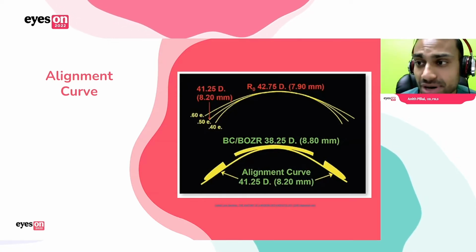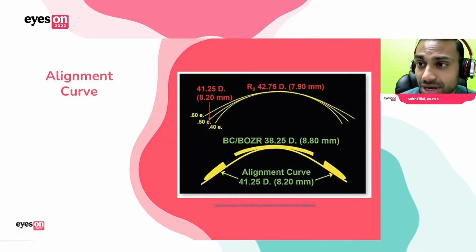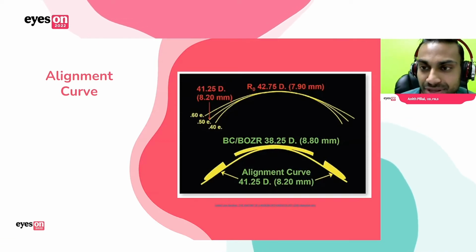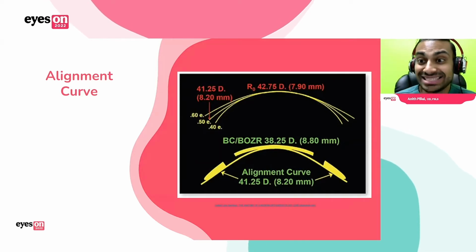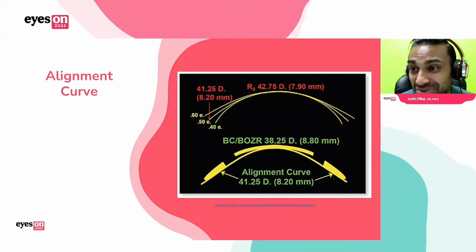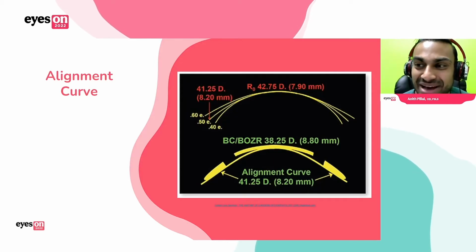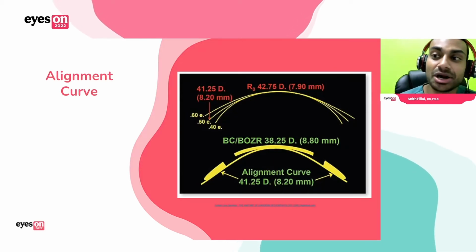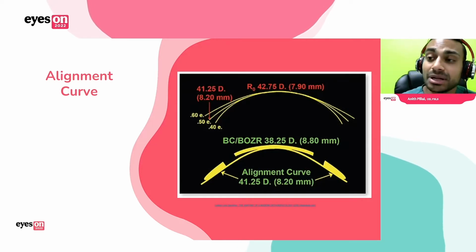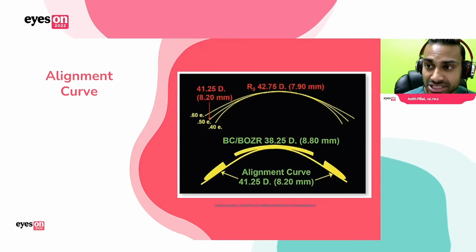So a 0.4 eccentricity, which is a lower number, is actually going to be steeper in that mid-peripheral cornea. And the reason for that is a steeper mid-periphery is flattening at a lower rate. So it's actually depicting the amount of flattening. That's why a larger number like 0.6 is going to be flatter, but a lower number like 0.4 is going to be steeper.